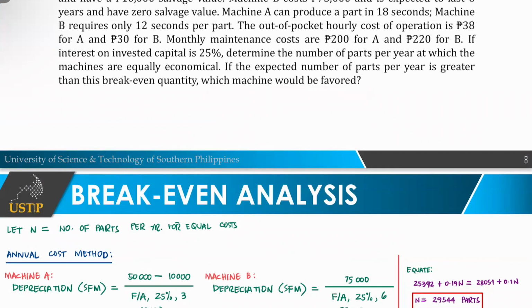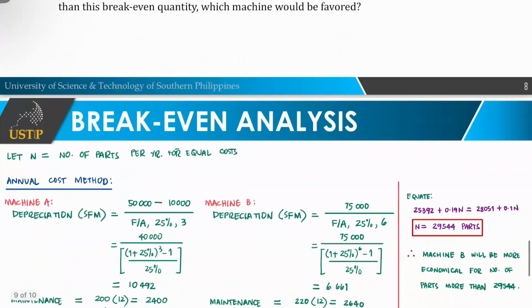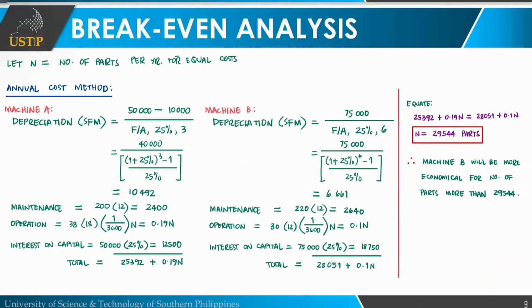Okay? If the expected number of parts per year is greater than this break-even quantity. Meaning, class, if they project that the number of parts produced per year is greater than this break-even value, which machine do we use, which is more economical?